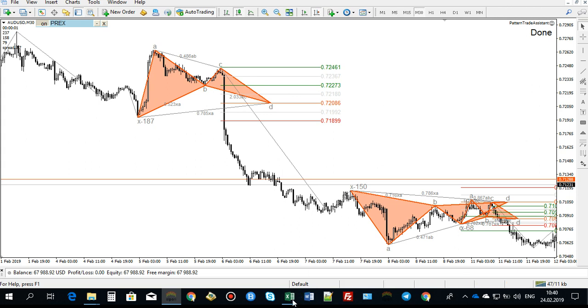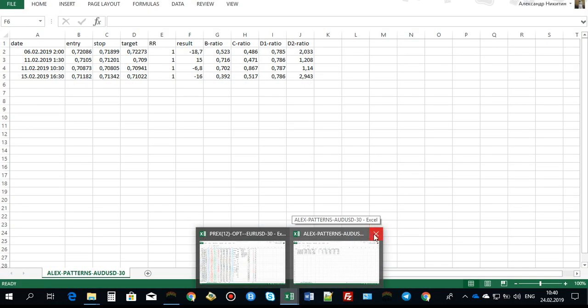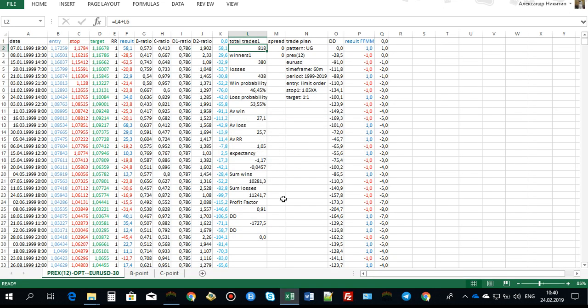So what I did today, I did the backtest of euro dollar and I did the ratio optimization.